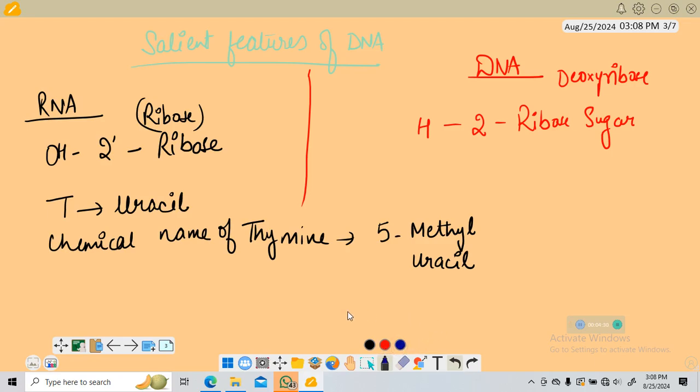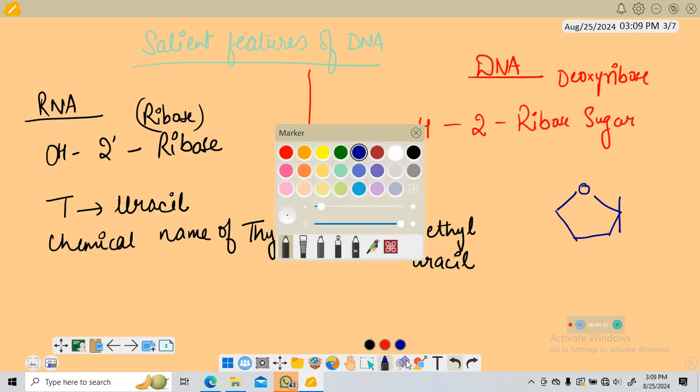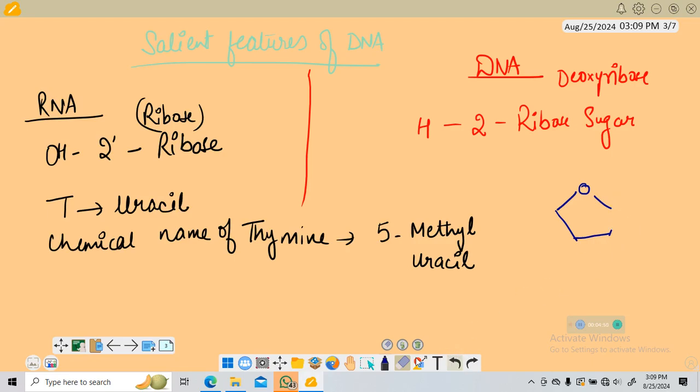So now the structure is like this. Ribose means it's a 5-carbon chain. First position. Then this is second. At the second position we have OH.